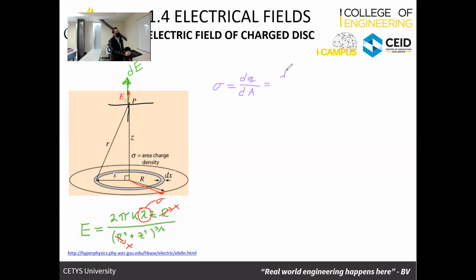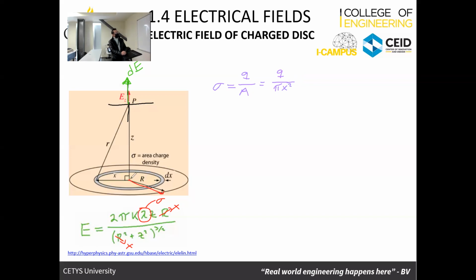That is the charge per unit area. In this case, if I'm thinking about a ring at a certain distance x, that area is going to be pi multiplied by the radius squared, which is x squared.